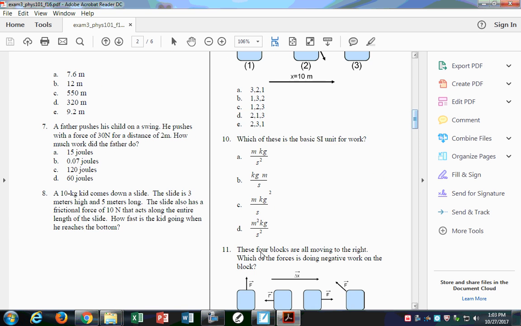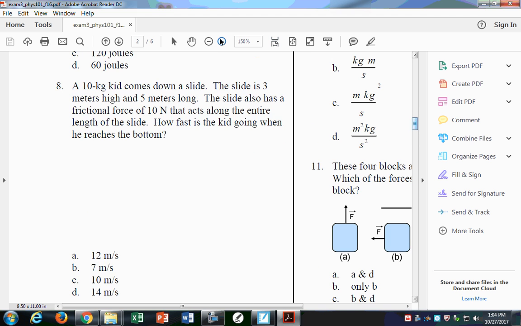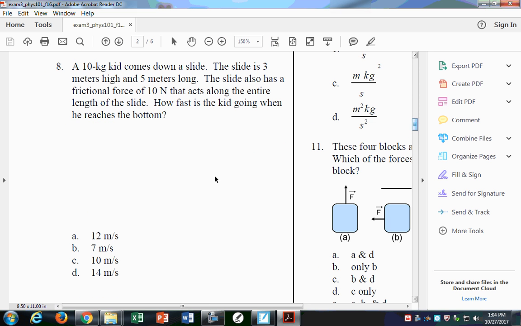Okay, so let's look at number 8. This is a nice combination of both conservation of energy and the work-energy theorem. Here's a kid that comes down a slide. I'm just going to draw it as an inclined plane. It doesn't really matter in the end. Here's my kid up here, and the slide is 3 meters high, about 9 feet, and it's 5 meters long.